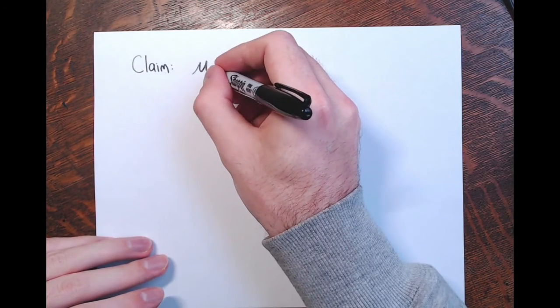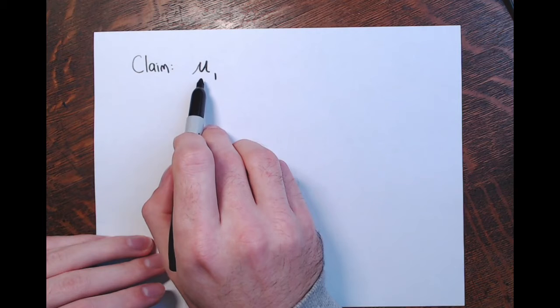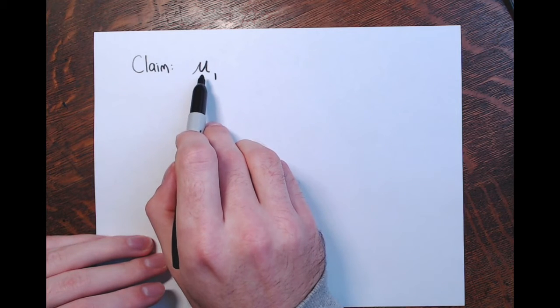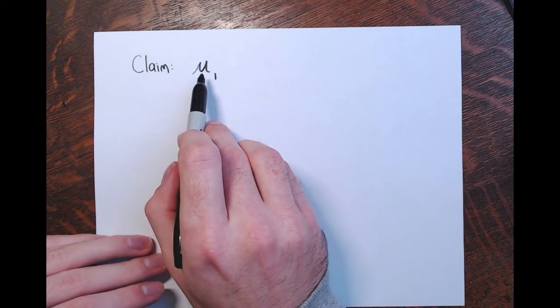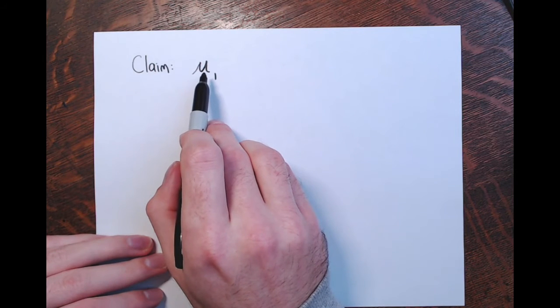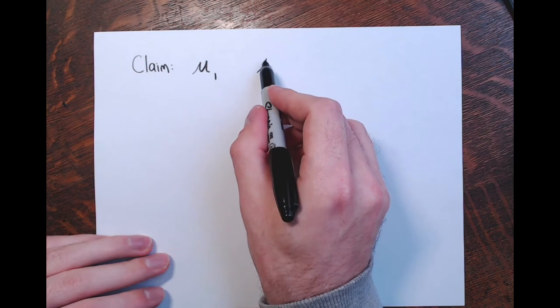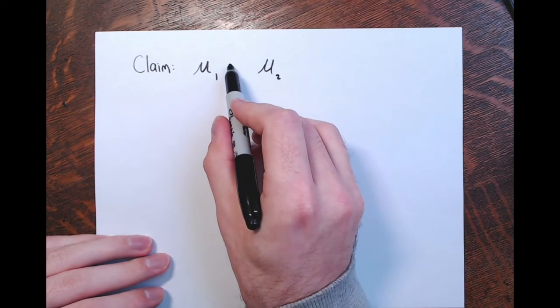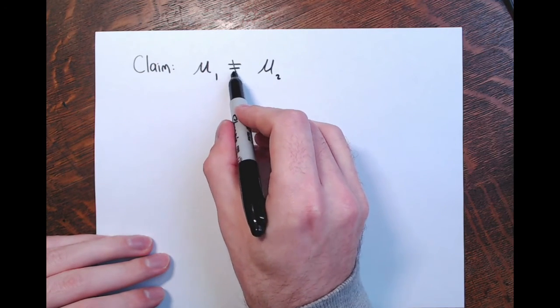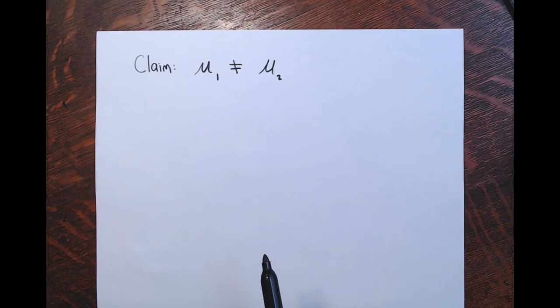The members of the team would like to find out whether the population mean age of the artifacts in set A, that's mu1, is different than the population mean age of the artifacts in set B, that's mu2, and being different is being not equal.